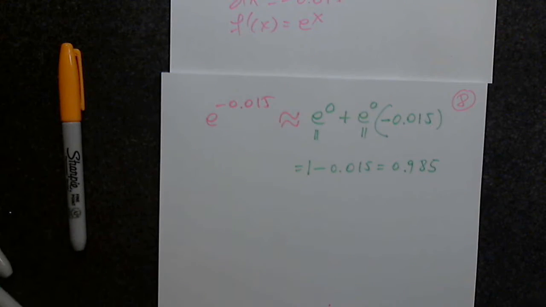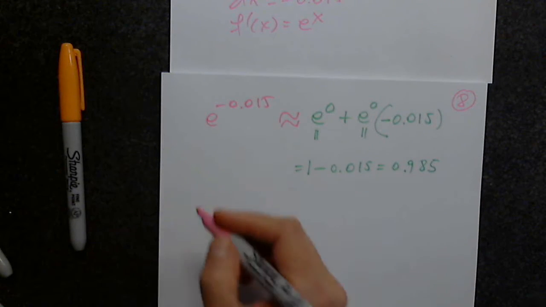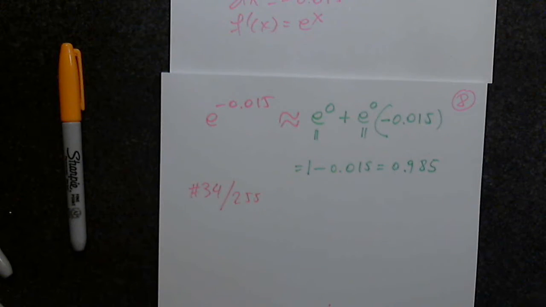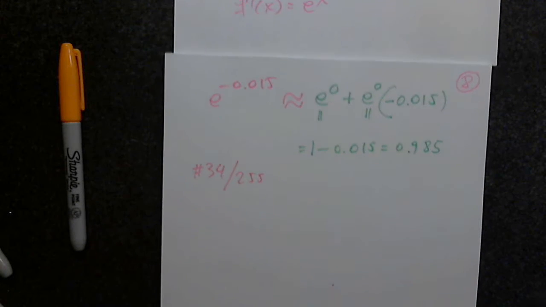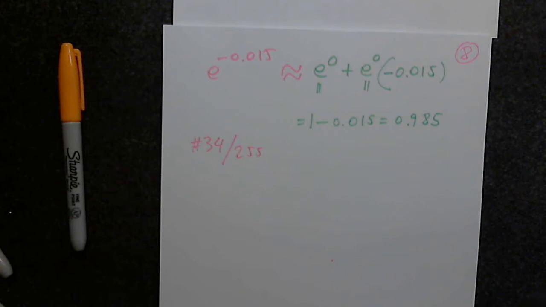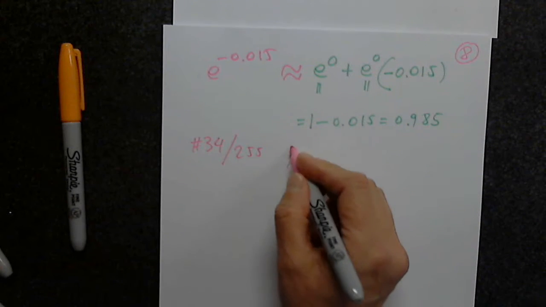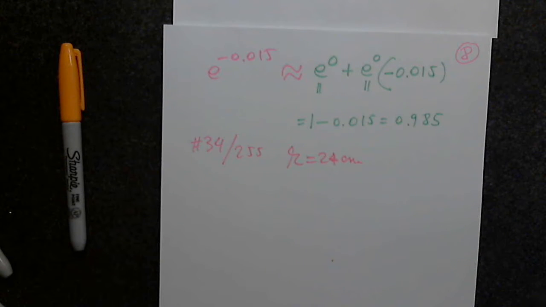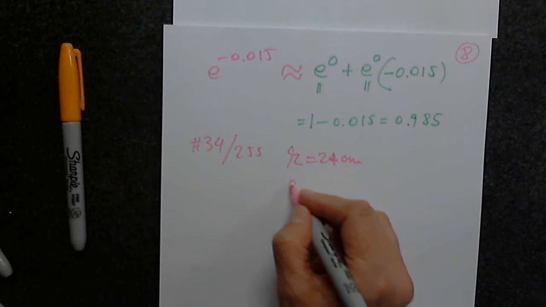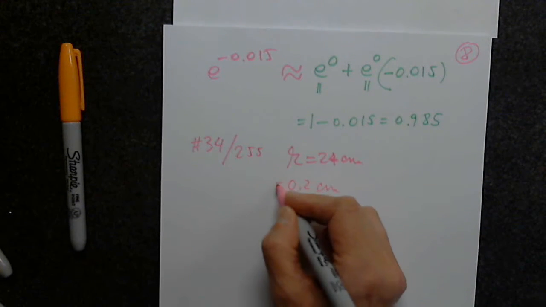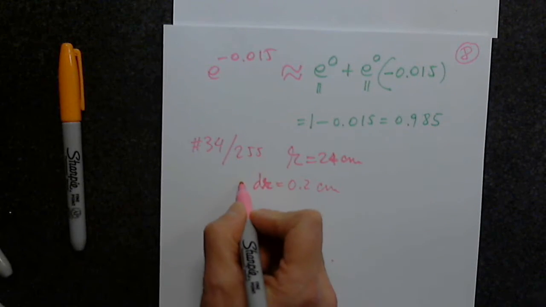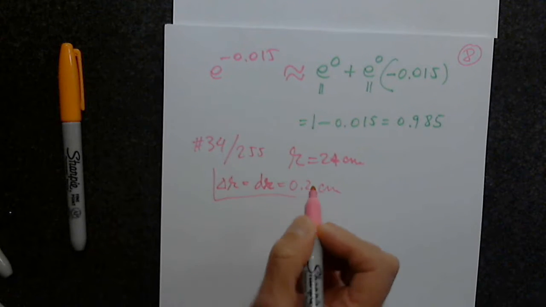Ready? 34. Page 255. Did I start it? I think I did. Yes, I did. Okay, ready? So, the radius of a circular disk is given as 24 centimeters. Maximum error, 0.2 centimeters. You already told me that this is dr in this case, or delta r.